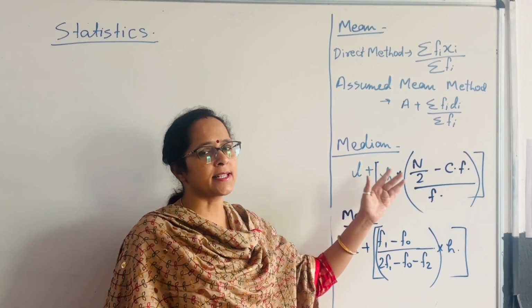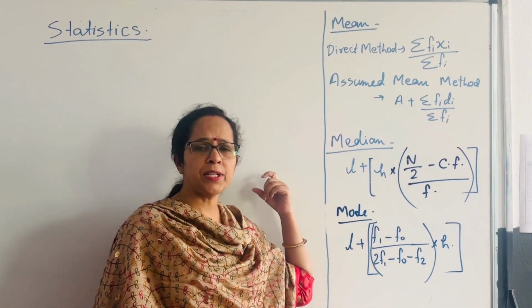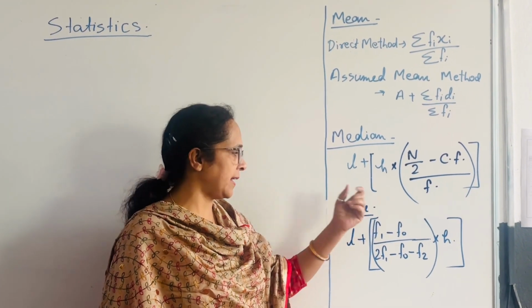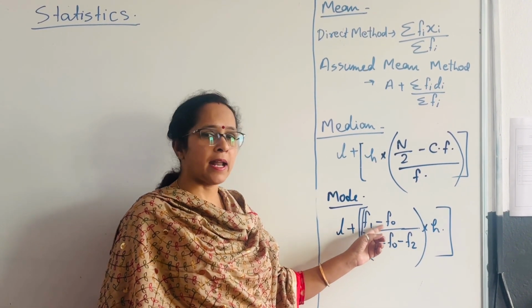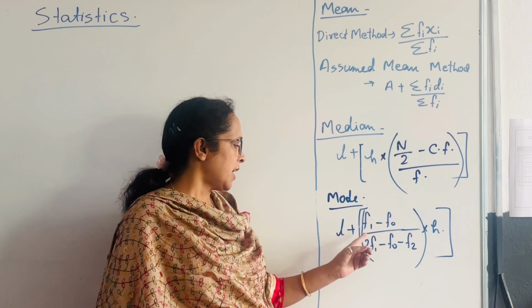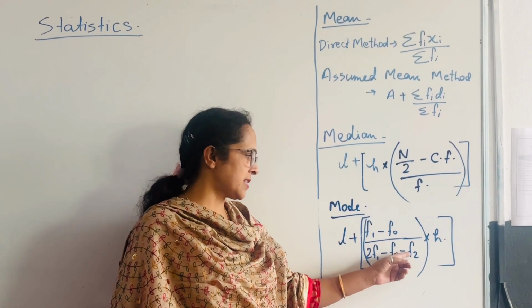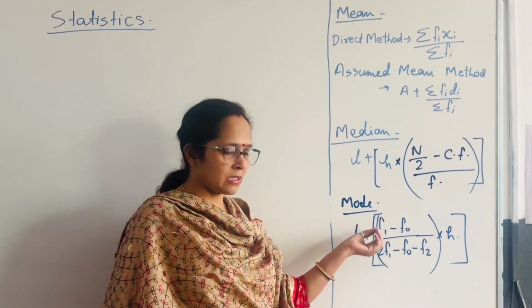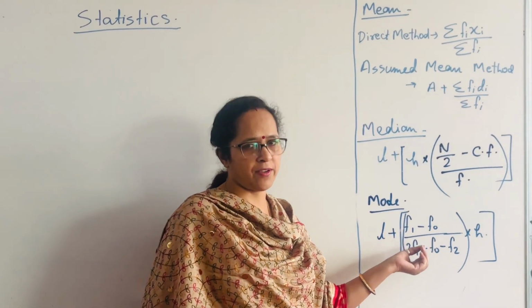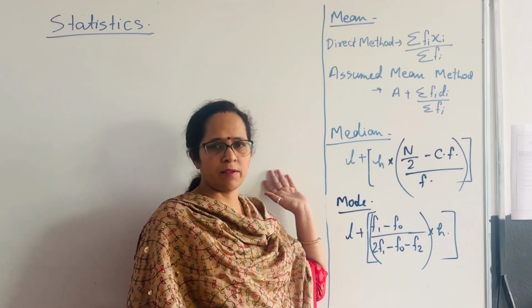We have already discussed it in our classes, but while doing the questions, I'll discuss it once again. Now mode is L plus (f1 minus f0) divided by (2f1 minus f0 minus f2) into h.